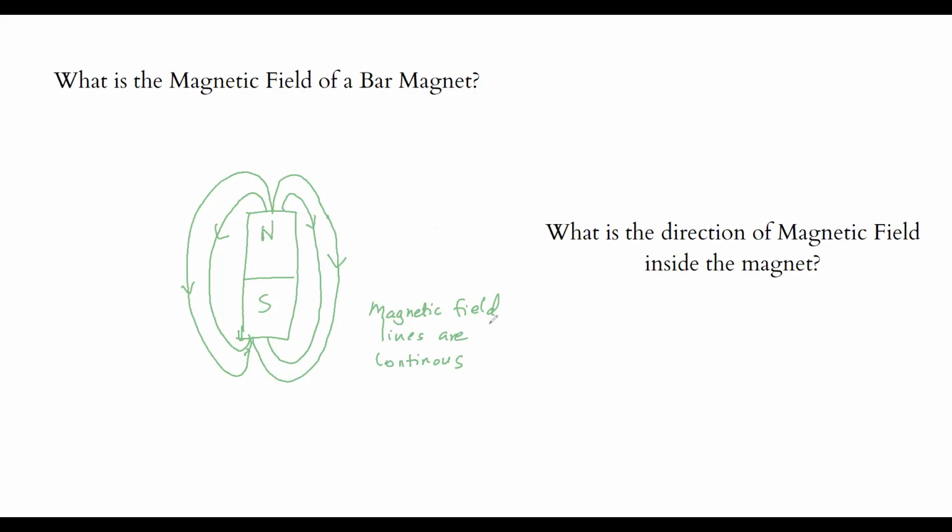Magnetic field lines are continuous, so they don't stop at the south. It starts at the north and it comes back to the north. Therefore, the lines will continue from south to north.